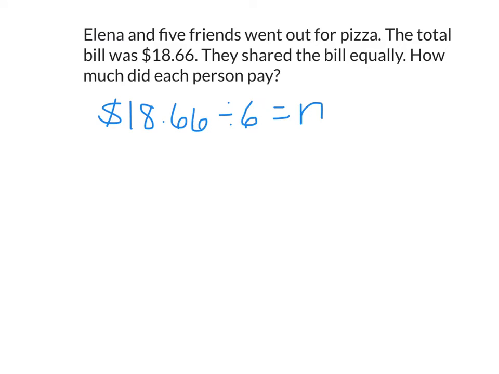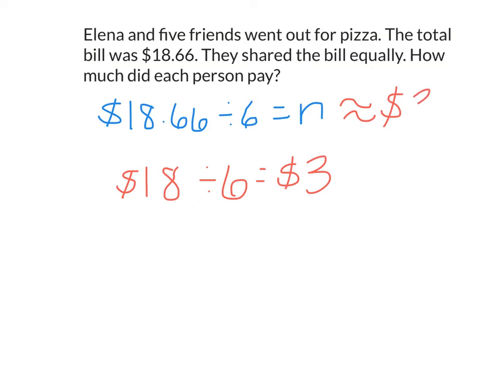So we're going to estimate $18.66 to being just $18. And we'll divide that by 6, which equals $3. So our answer is going to be about $3 a person.